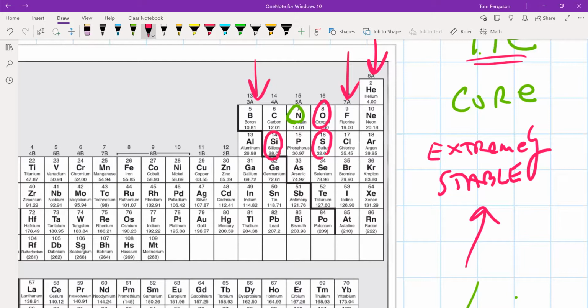When you look at this column here, we have copper, silver, gold. What are the characteristics of silver and gold? They're anti-corrosion. You don't find them a lot in nature.